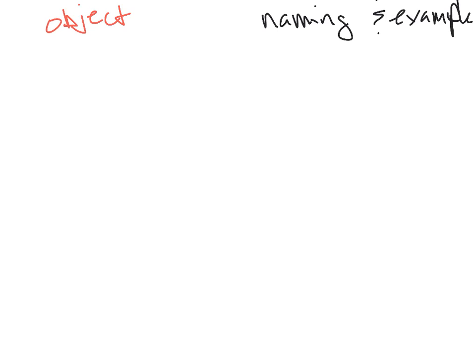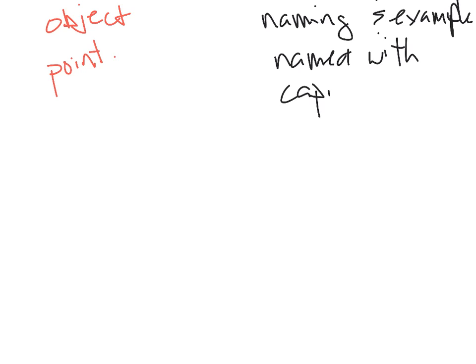Alright. Now we're going to look at naming and examples of each of these objects. So first, we've got the point. Points are always named with capital letters.